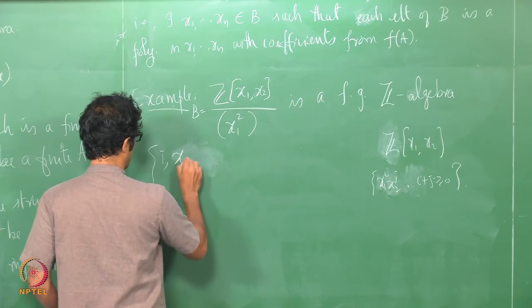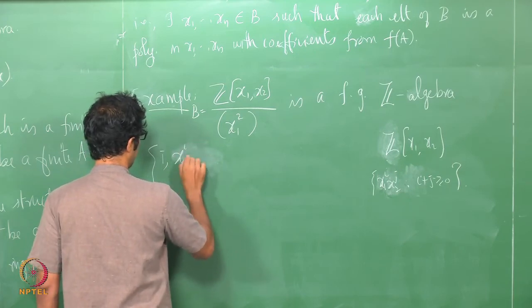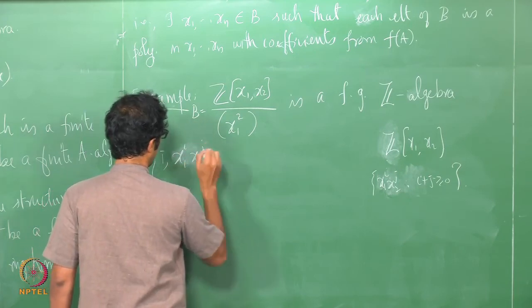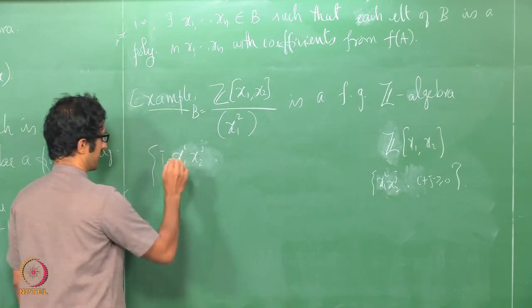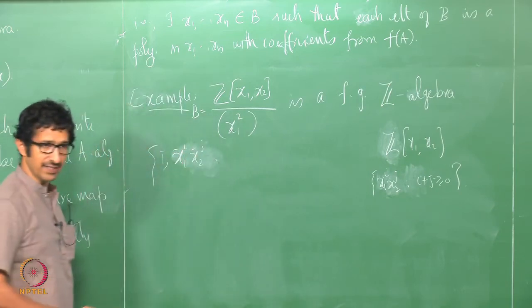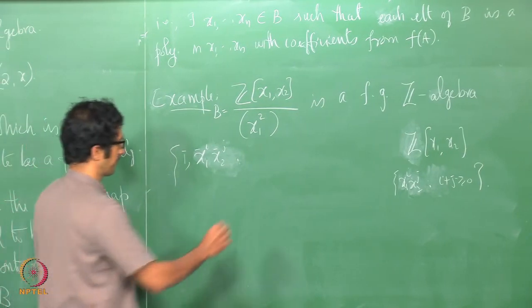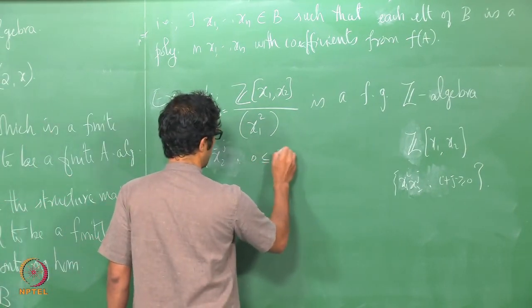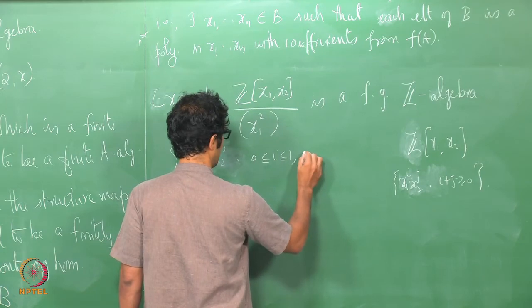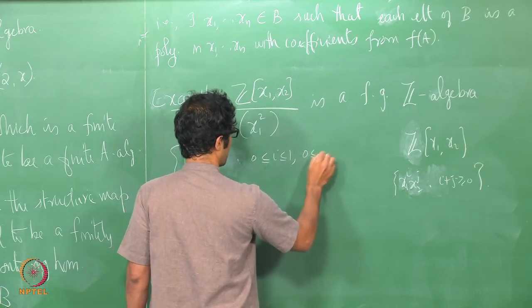So x1 power i, x2 power j, what is the condition on i and j? 0 less than or equal to i less than or equal to 1, 0 less than or equal to j.